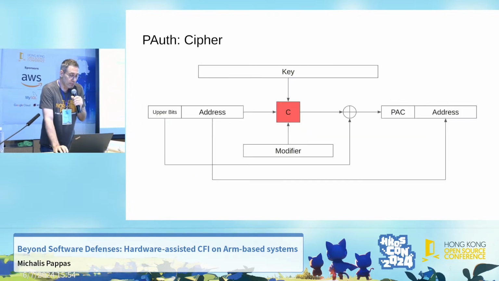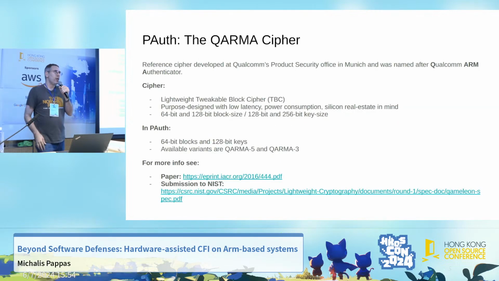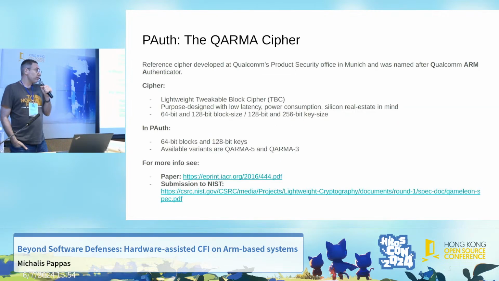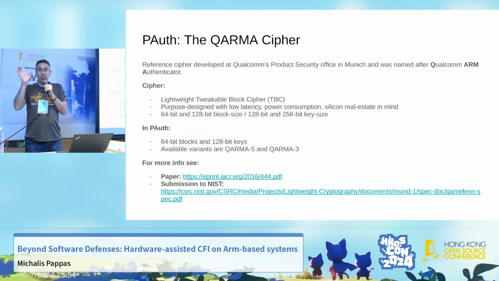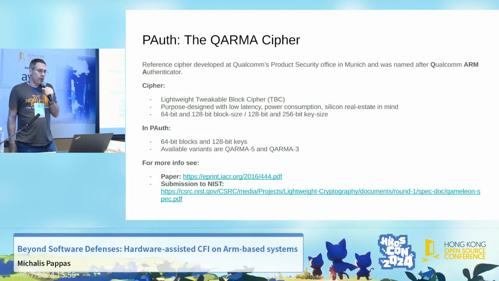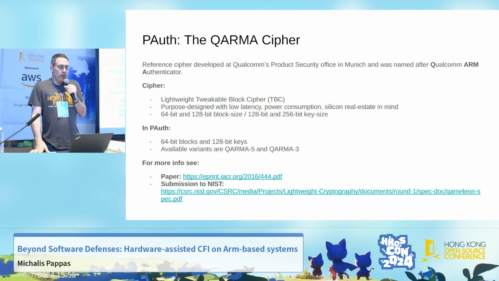Okay, so the cipher. The reference cipher is called QARMA, and it is designed by Qualcomm and ARM. It's a block cipher like AES, which means that it operates on blocks of fixed size. It's called a lightweight tweakable block cipher.